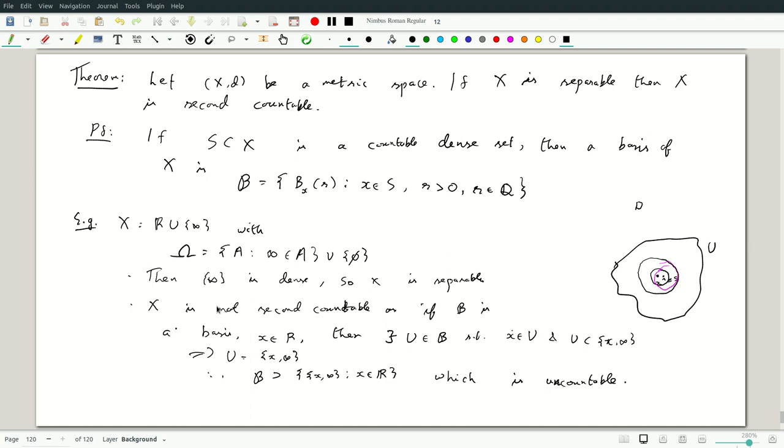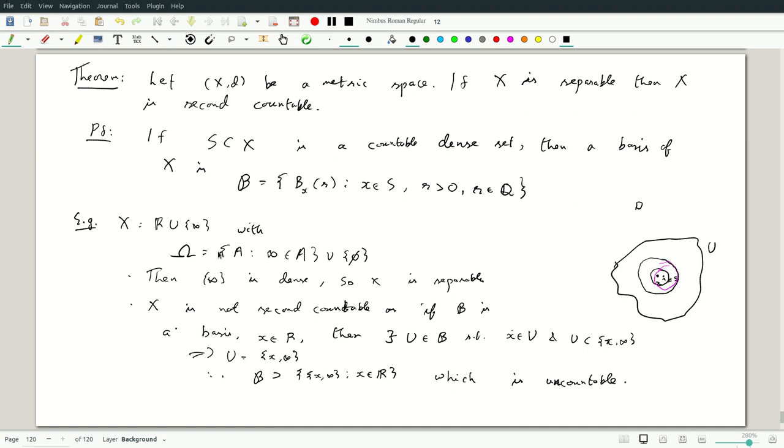So you notice, going back to this space X, which is R union infinity, that infinity was dense, but if I look at the restriction to R, we get the discrete topology on R, which is not separable because every point has to be in the basis. So it follows that being separable is not hereditary.